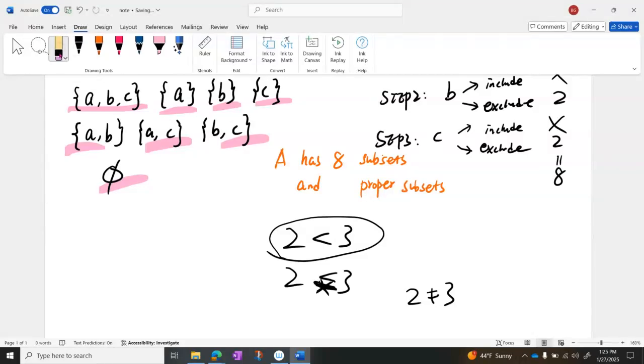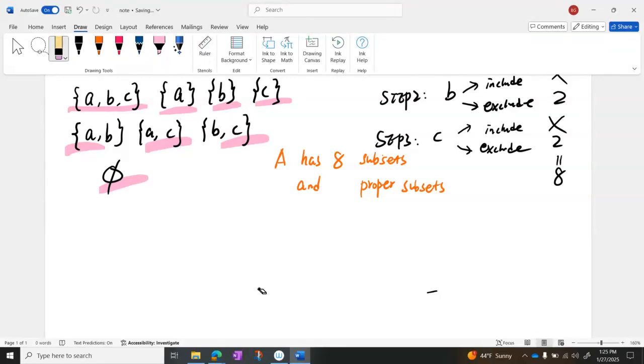When it comes to set theory, I can write a definition here in case you forget.